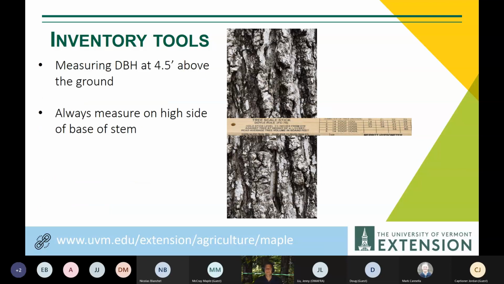A Biltmore stick is very simple. It's a wooden stick that looks kind of like a yardstick. It's designed with graduations along one side to measure diameter. You line up one edge of the Biltmore stick on one edge of the tree. You hold it a set distance away from your eye, and you look along the other edge of the diameter of the tree, and you see where that edge of the stem intersects with the diameter markings on the stick.